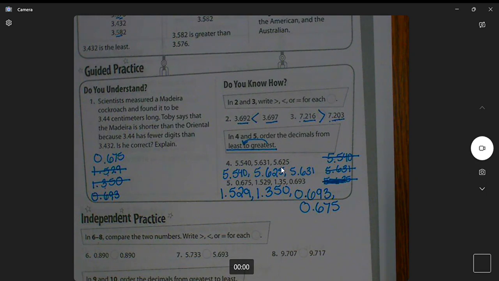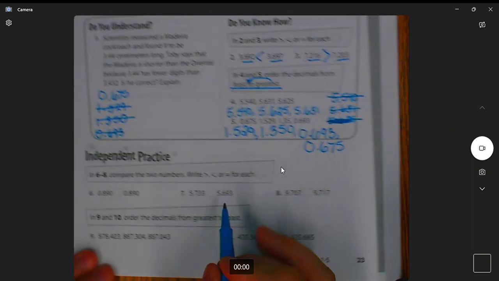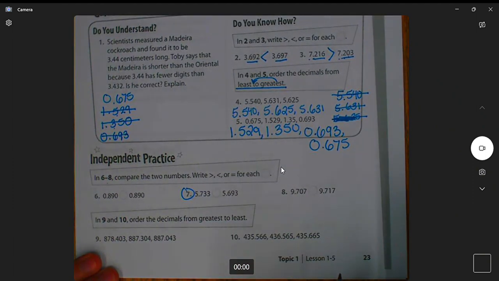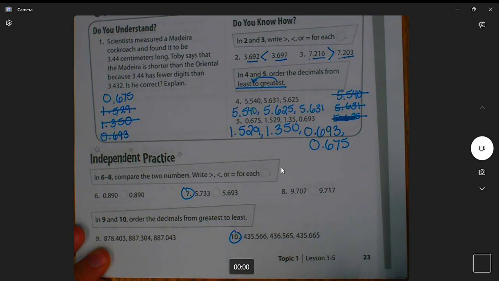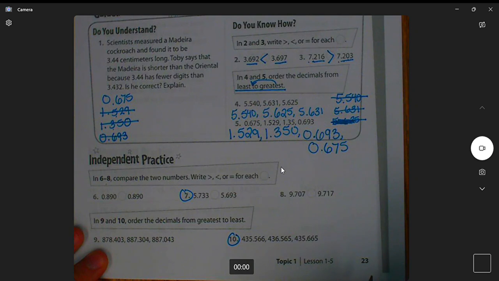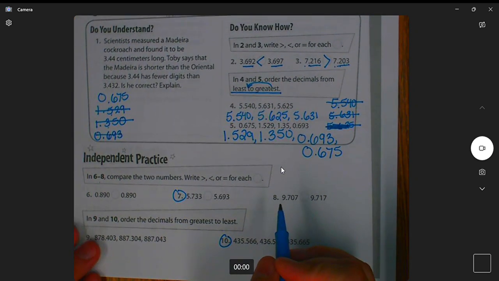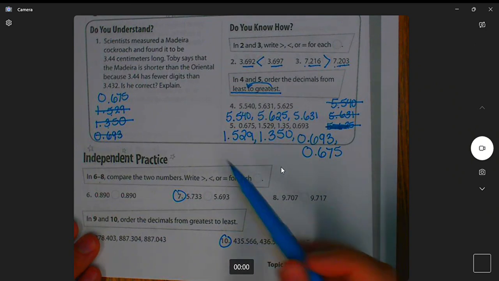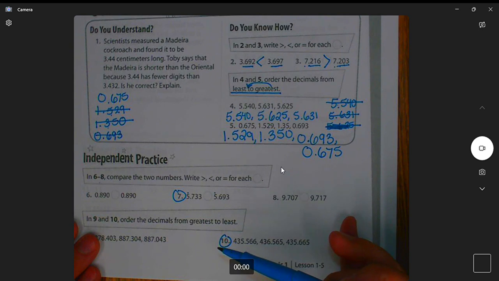You've got this. Let's do 2 more to practice. I'm going to do one where I'm comparing, and I'm going to look at number 7. And then I have one where I'm ordering. I'm going to look at number 10. You ready? You've got this. Number 7. Just like place value, I start with my ones. Do they match?